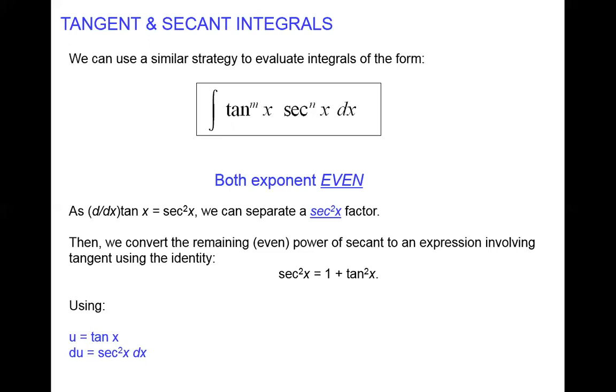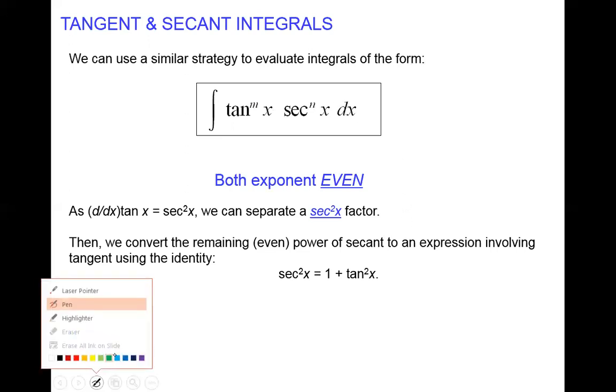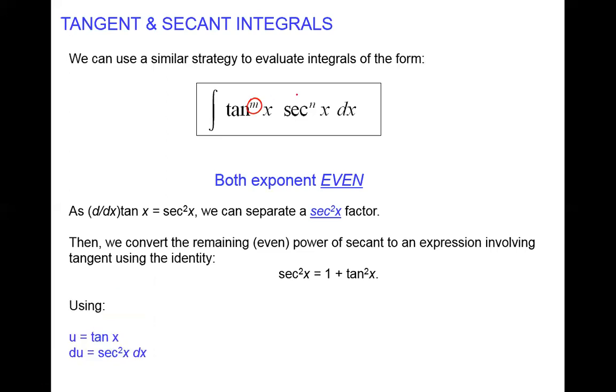Okay, but I made the summary page. Having tangent of x times secant of x dx taken to the powers m and n respectively, we have to take these steps in order to integrate. If both of the exponents are even, we will always use this substitution: we can let u be tangent of x.